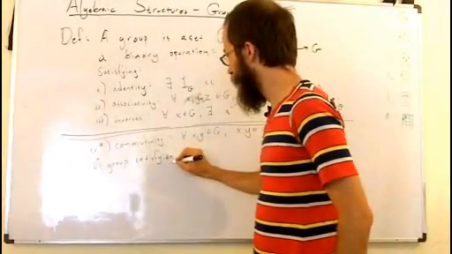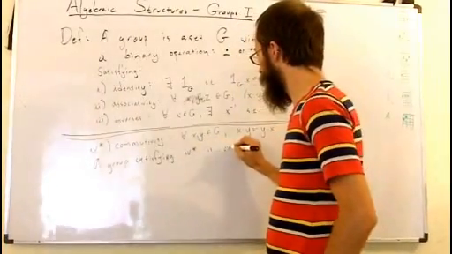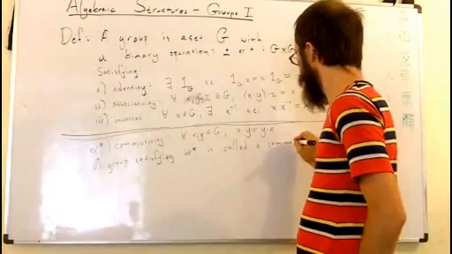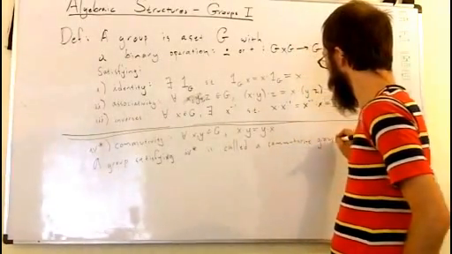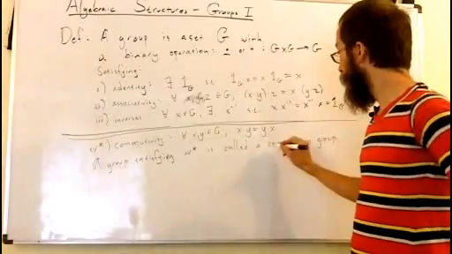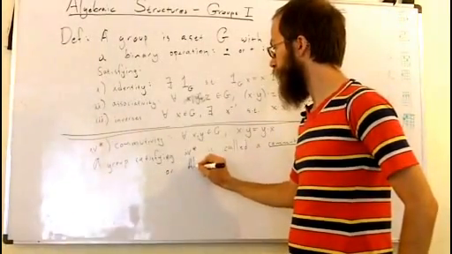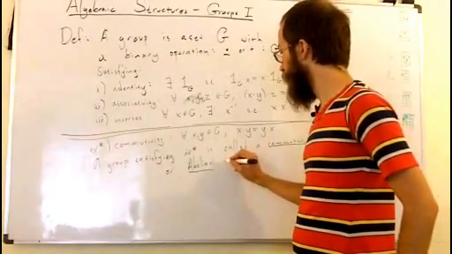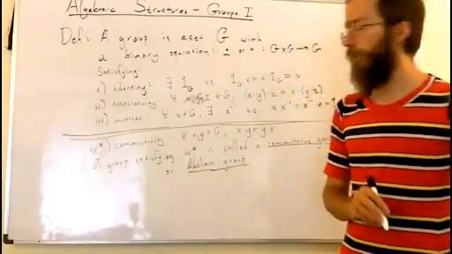This is called a commutative group. And sometimes it's called an abelian group, after this guy Abel, who apparently studied them a bunch. Those are the same thing.